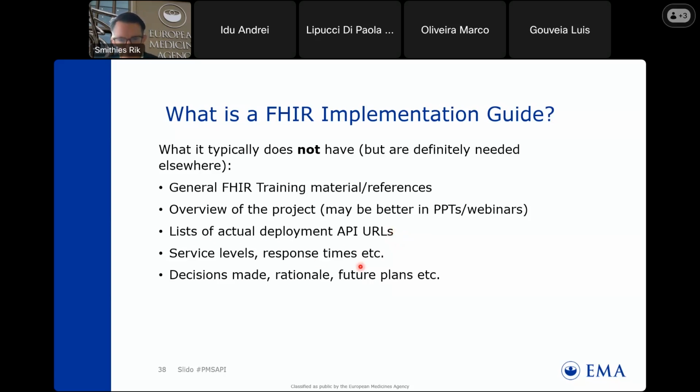That's out of scope of this technical document. We won't include things like service levels and how many milliseconds things are going to take. Again, that's a bit out of scope for this. And some of the rationale and plans, again, that won't be in here. So we're concentrating on the technical specifications of the FHIR itself, the payload, if you like, and perhaps not the content that's around it.